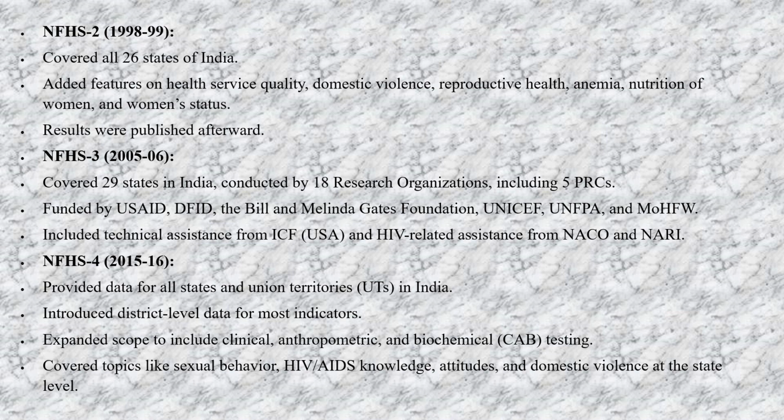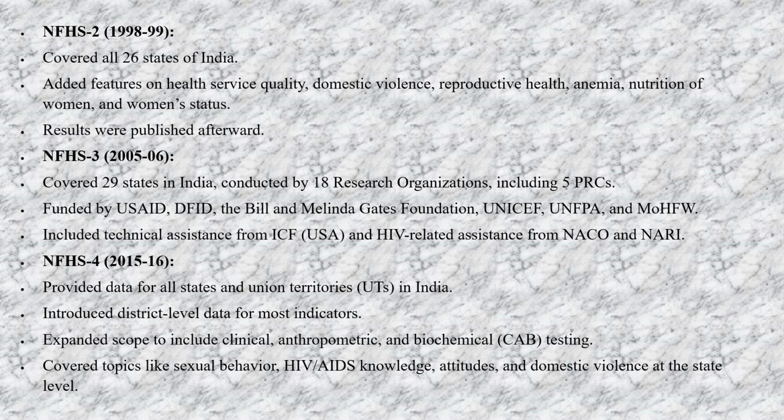Covered 29 states in India, conducted by 18 research organizations, including 5 PRCs. Funded by USAID, DFID, the Bill and Melinda Gates Foundation, UNICEF, UNFPA, and MOHFW. Included technical assistance from ICF, USA, and HIV-related assistance from NACO and NARI.